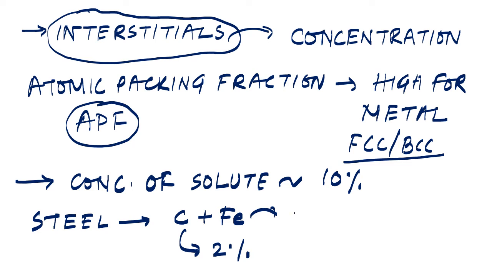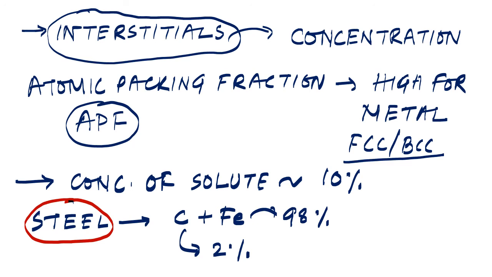So iron is 98% and carbon is 2%. And still, remember, steel is an example of interstitial. So the carbon atom will go and sit in the interstitial of the iron host, right?